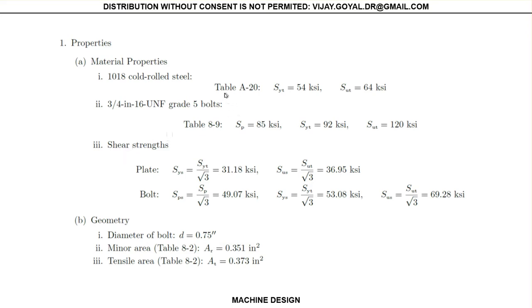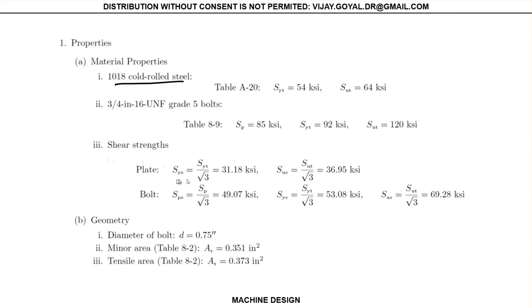If you go to table 8-20, you can find that for this particular steel, this is your yield strength, this is your ultimate strength. For your bolt, going from table 8-9, this particular bolt gives you a proof strength of 85 psi, yield strength of 92 psi, ultimate tensile 120 psi, and then you do your shear strength.